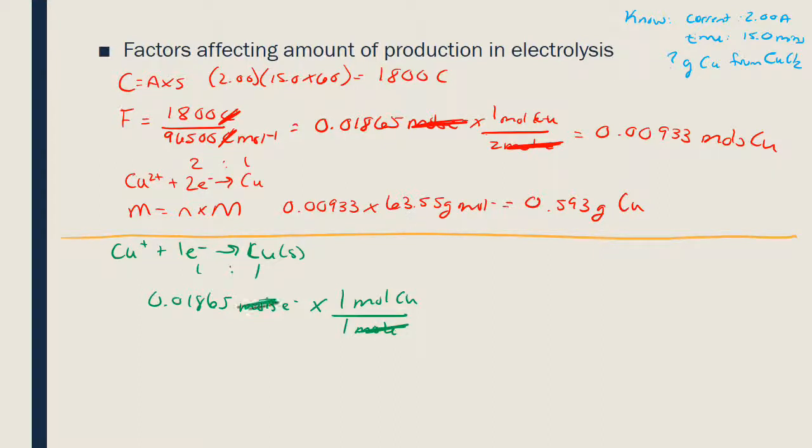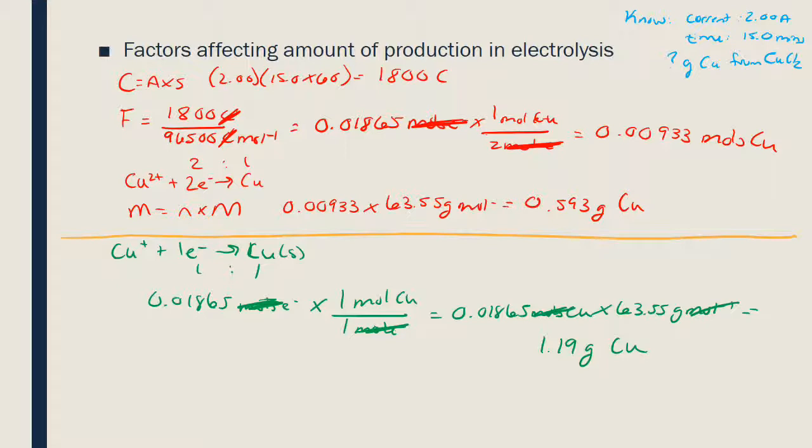So moles of electrons get canceled out. 0.01865 times 1 divided by 1 gives you 0.01865 moles of copper. Well, we can multiply that by 63.55 grams per mole, and we are going to get 1.19 grams of copper.